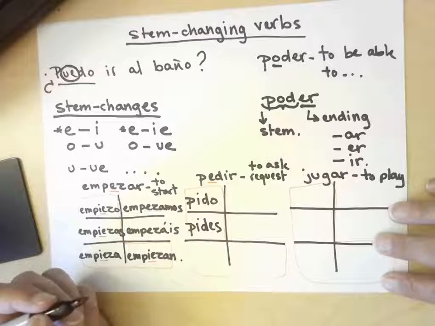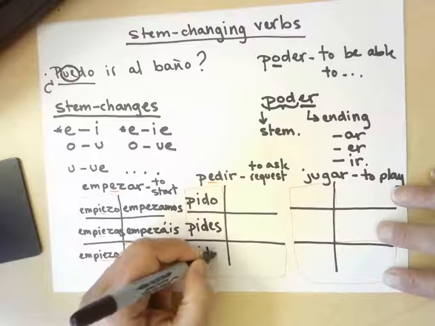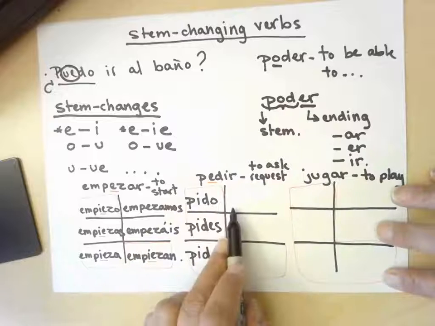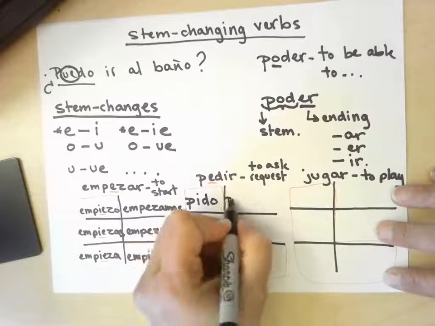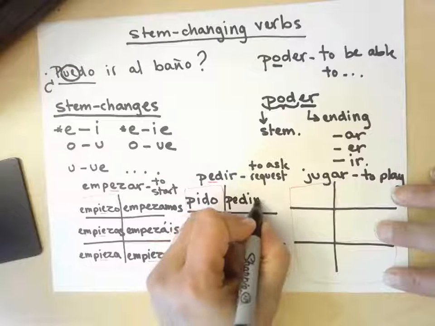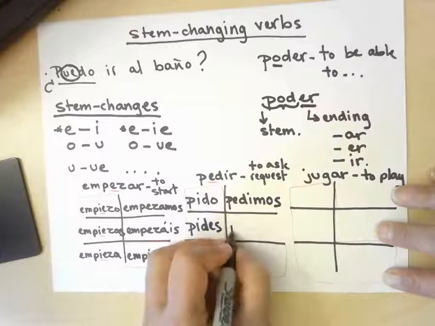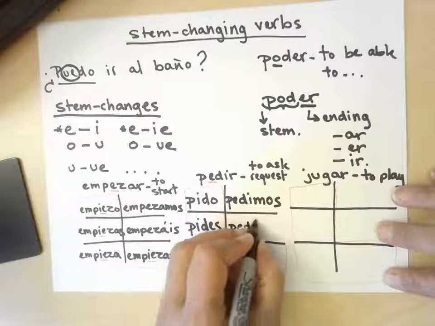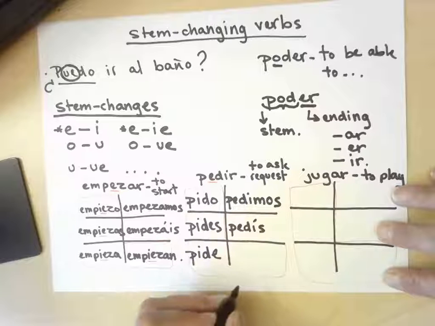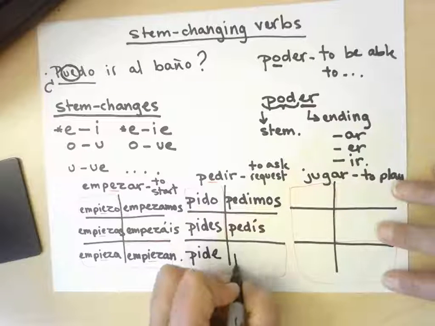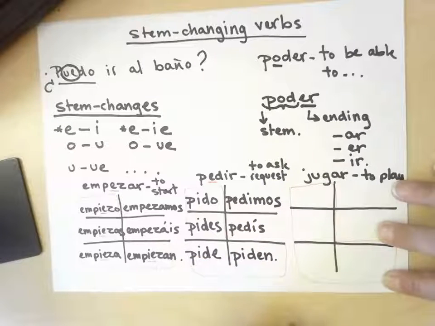Él, ella o usted pide. Nosotros, watch it, now we're outside the boot. Pedimos. Vosotros pedís. And now we're back in the boot. Ellos, ellas o ustedes piden. Muy bien. All right.